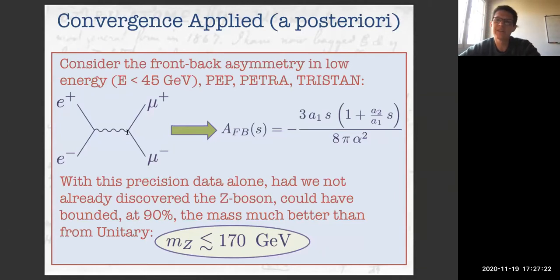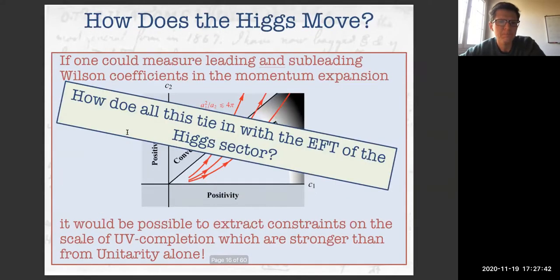So if you have a really, really high precision measurement in an effective field theory, such that you can measure subsequent terms in the p-squared expansion, then using it, you can place a different set of, I think, quite interesting limits on where the scale of the UV completion has to come in. Okay.